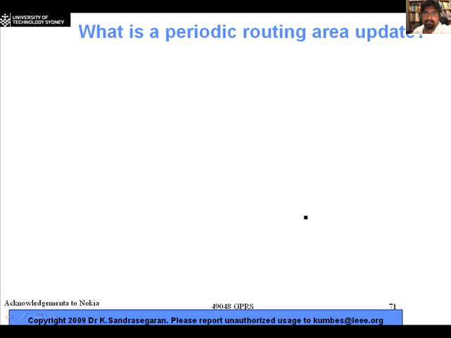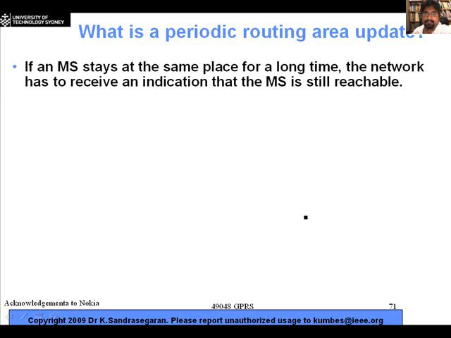It updates its location when it's been in a cell for a long time and hasn't moved and hasn't done a location area update. There's a time interval that has been set whereby the mobile updates its location to the network. Just as you have that in GSM, you also have the same concept in GPRS.